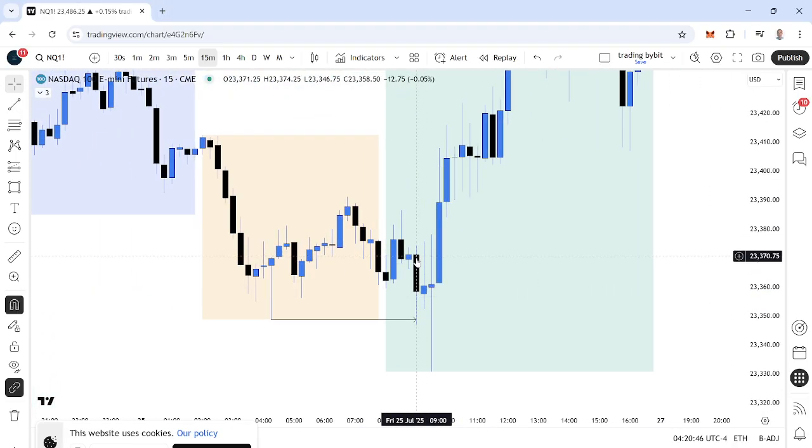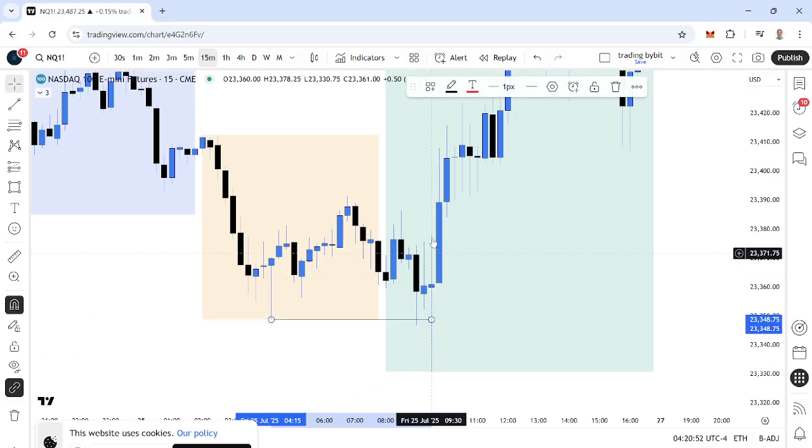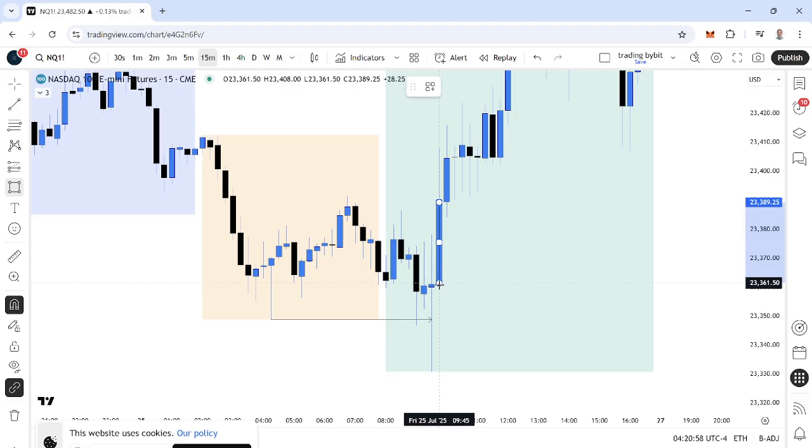What do we need? A candle that closes above the last down candle. So this was the sweep actually, and the first candle is actually this one. In this candle, I want to see if we have a 5 minute fair value gap.